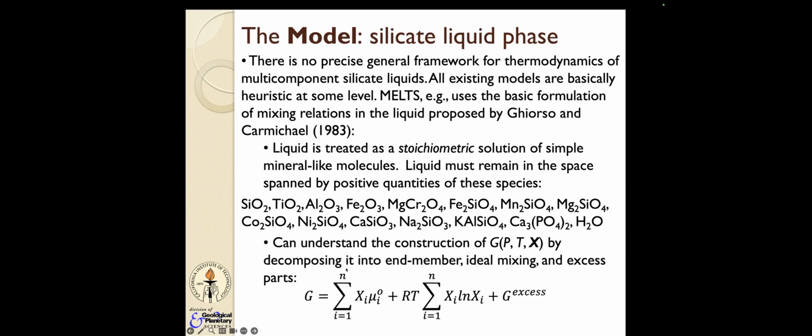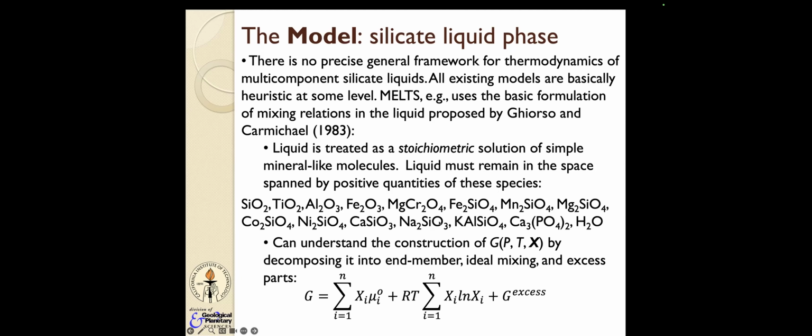So the choice that MELTS makes is to describe the liquid as if it were a mixture of these simple mineral-like molecules. Okay, so all the magnesium is treated as if it were moving around in either forsterite molecules or picrochromite molecules. All of the iron 2+ is moving around as if it were in fayalite molecules, and so on.